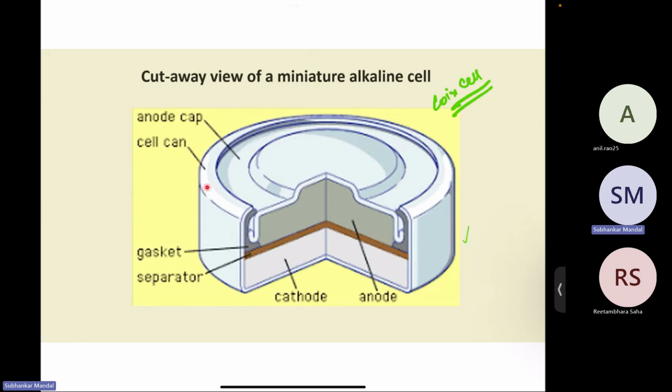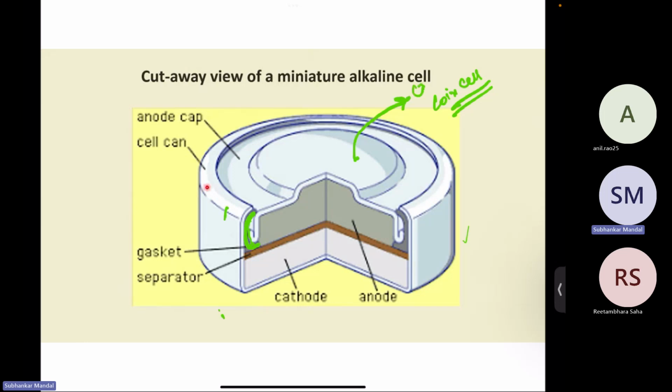In this also you can see that there is a jacket. Basically, this is usually stainless steel or a conducting jacket, and here some insulating layer is there, so that one connection is here.